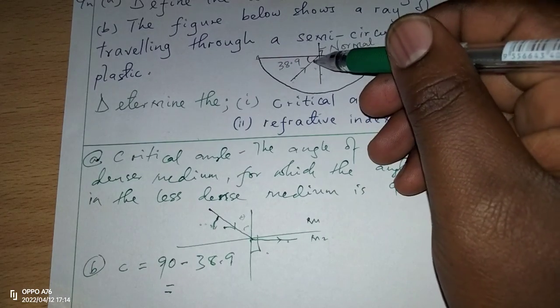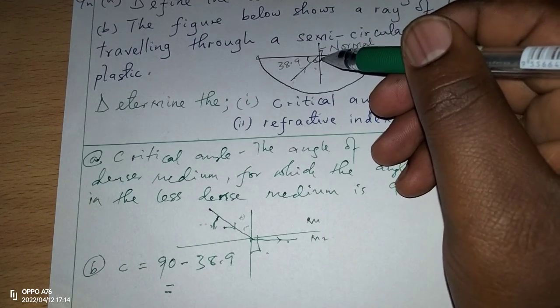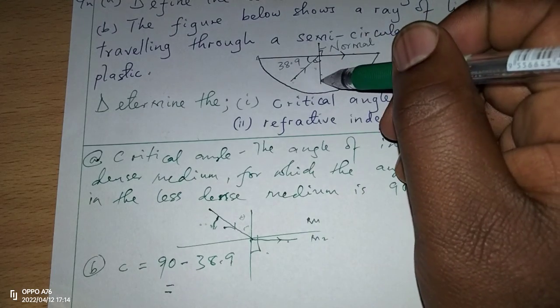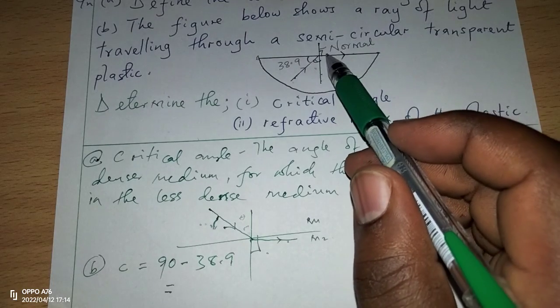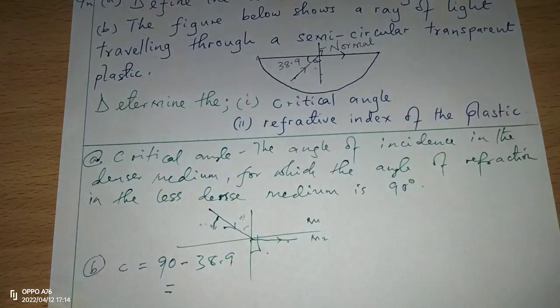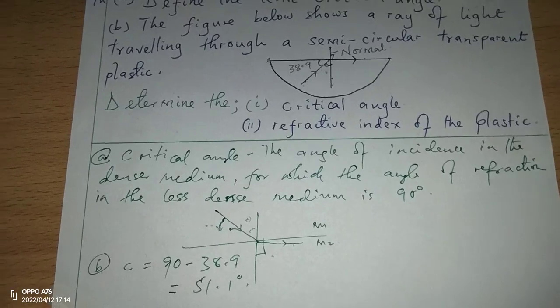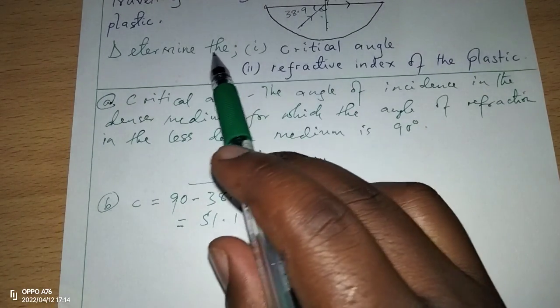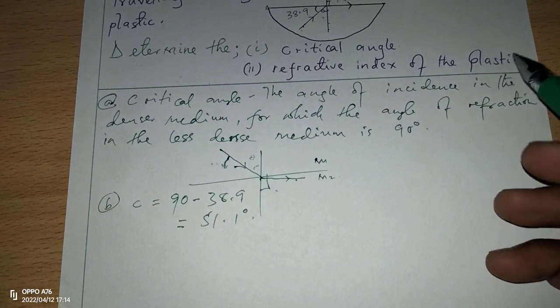So this angle will be called the critical angle because it is the angle made between the ray of incidence and the normal when the angle of refraction in the less dense medium is 90 degrees. Therefore, we get the angle by subtracting 38.9 from 90, and this gives us 51.1 degrees.